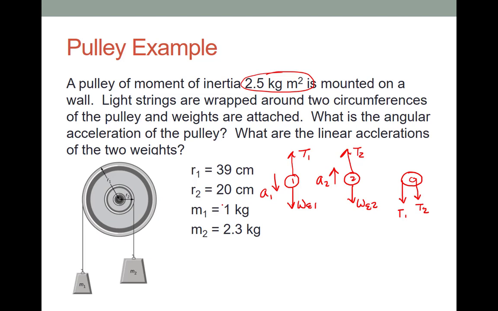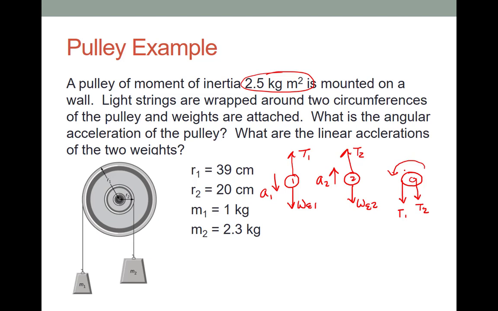Therefore, I have subscripted them with a1 and a2. The pulley is going to rotate as well. If mass 1 moves downward and mass 2 moves upward, that's going to give us a counterclockwise rotation. Now, remember that this is an assumed direction for the acceleration. We don't know what actually is going to happen.